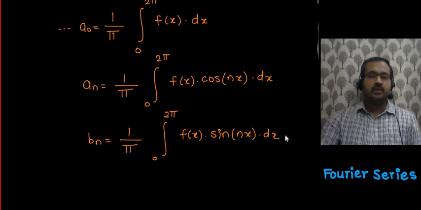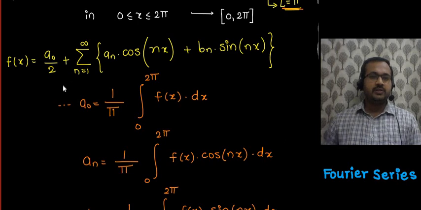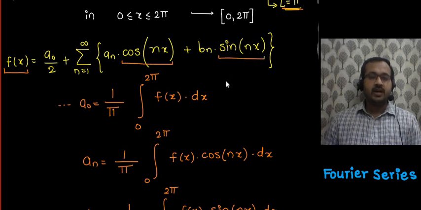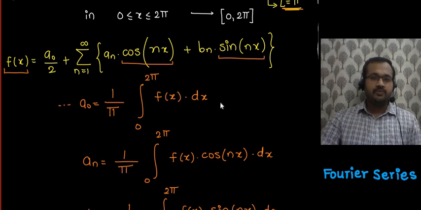Here if we observe the Fourier series, since f of x is periodic with period 2 pi, on the right hand side cos nx as well as sin nx are periodic functions with period 2 pi. So this is our formula.